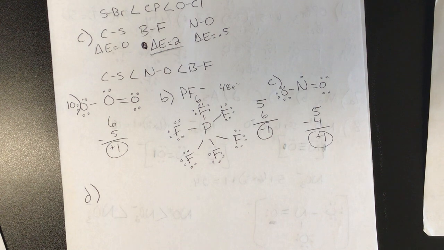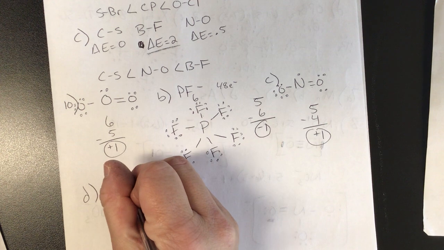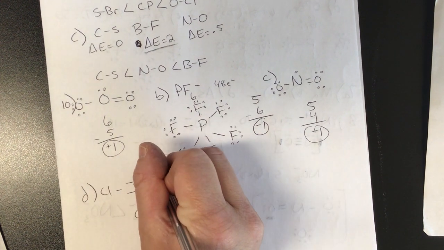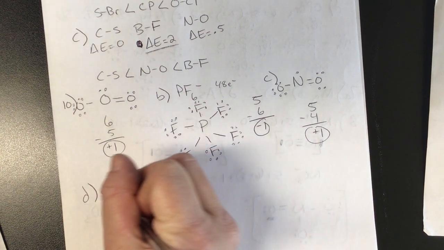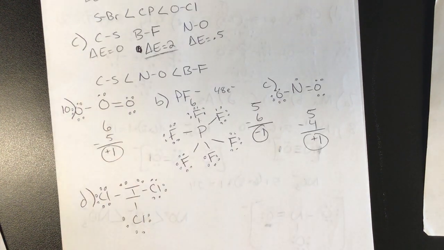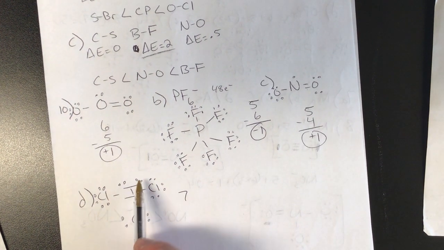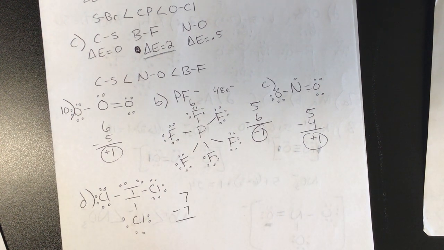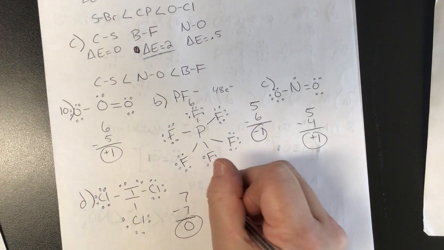Okay, D was iodine in ICl3, which looks like this. We're going to have 2 lone pairs on iodine. Iodine has 7 valence, and then we have 1, 2, 3, 4, 5, 6, 7 assigned electrons. So our formal charge is 0 on iodine.